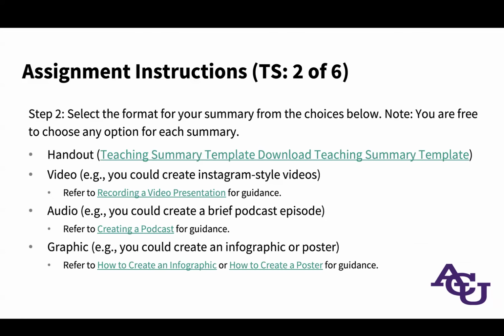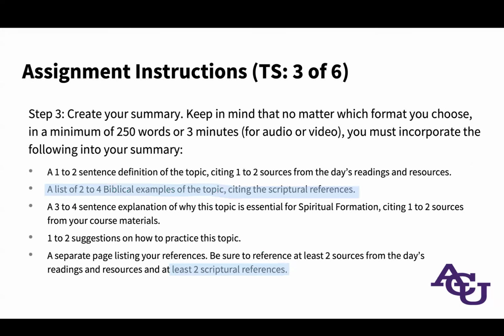And when it comes to doing that handout, the summary there should have 2 to 4 biblical examples with scriptural references. So we need to have our book, chapter, verse information. And if you are quoting it or referring to specific word choices, you should be having that translation cited and in your references list. So again, at least 2.